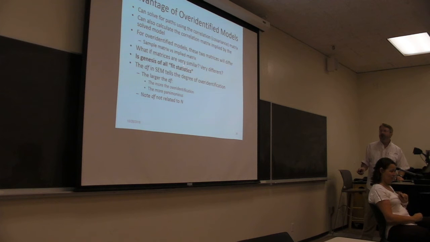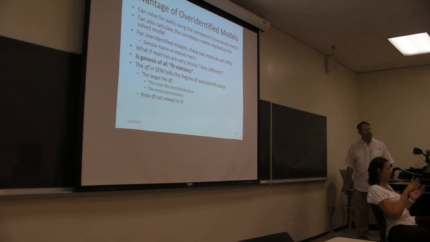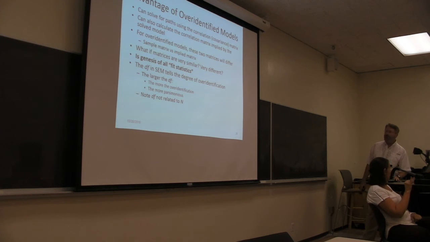And that comparison there is the genesis of all the fit statistics that you see in confirmatory factor analyses and structural equation models. So this issue of over-identification, while first seeming like a problem, is actually a blessing.